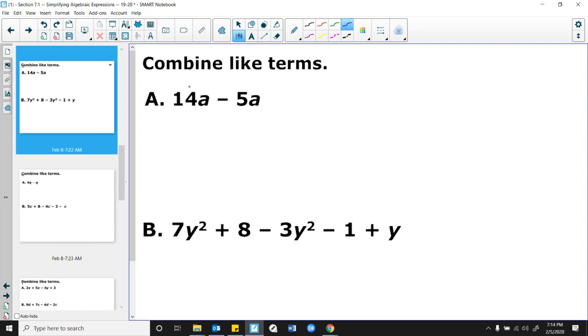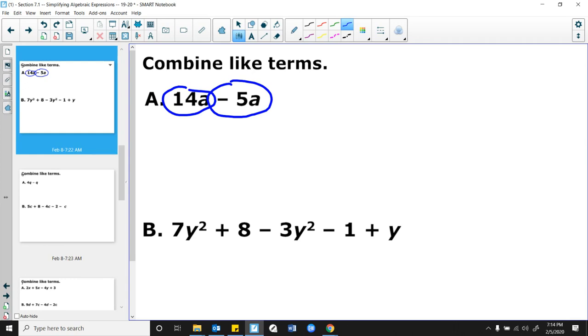All right, we have 14a. Okay, 14a has the same variable in the same exponent as 5a. Okay, so those are considered like terms. So if I combine a 14a, the key here is you always want to circle the 14a, and I want to circle the sign in front of it, so negative 5a.